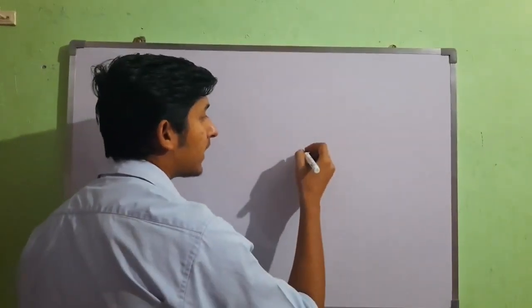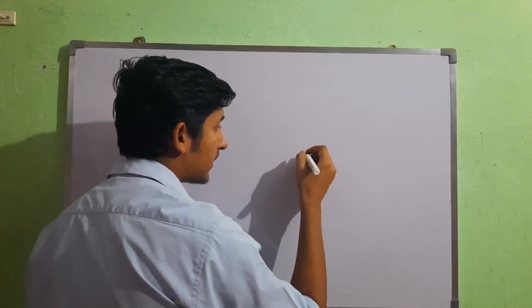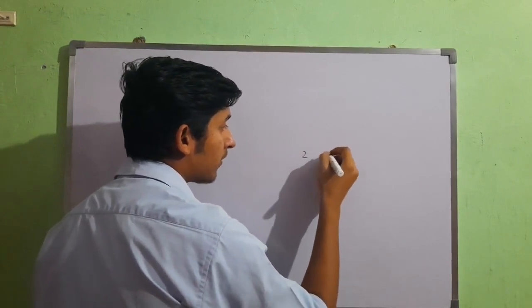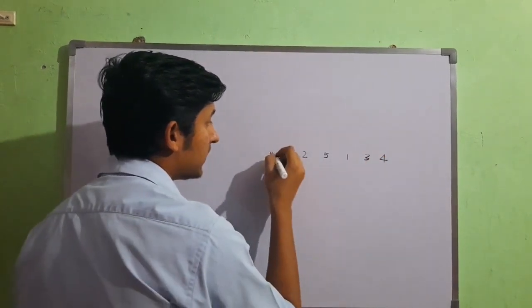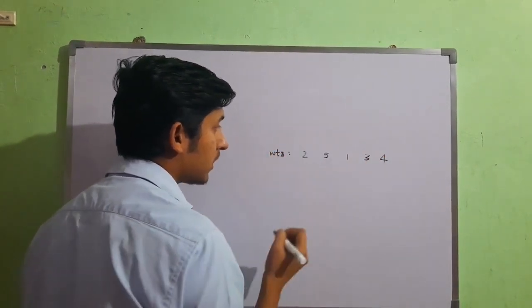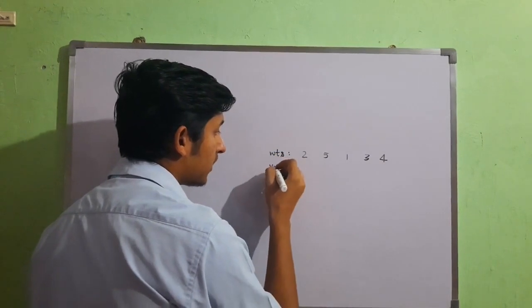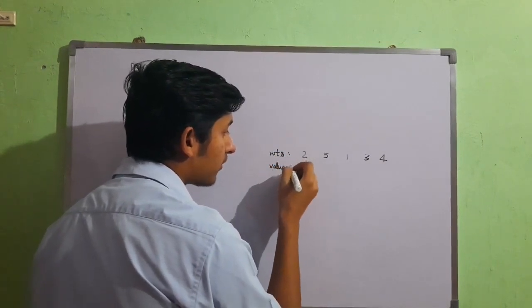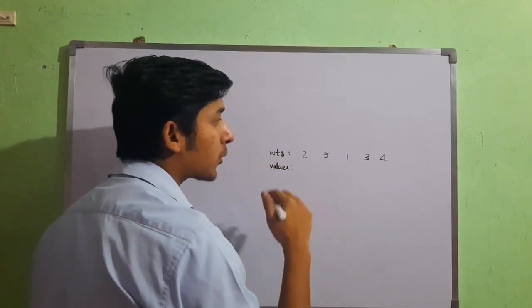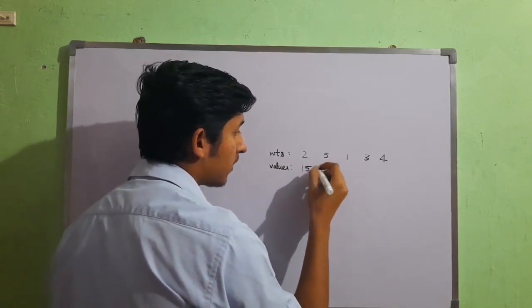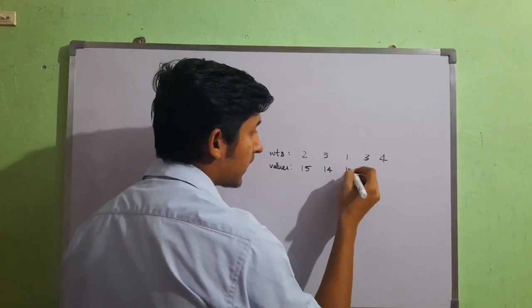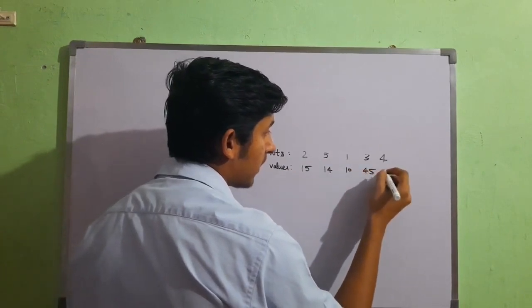Say I have 5 articles with weights 2, 5, 1, 3, 4, and the values or prices of these articles are 15, 14, 10, 45 and 30.